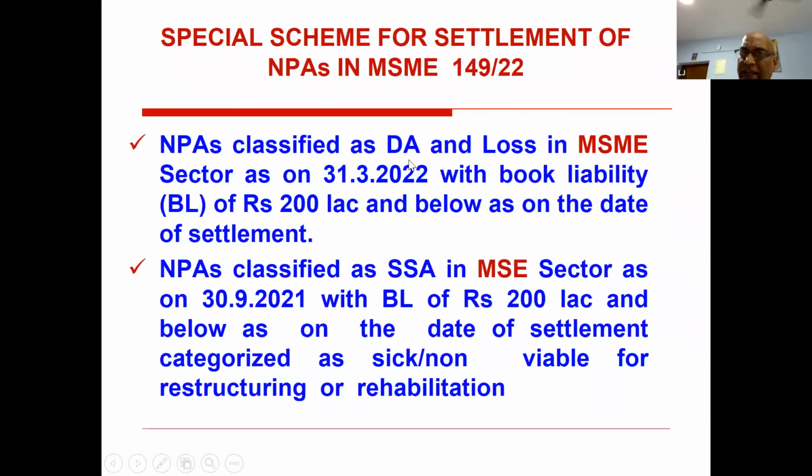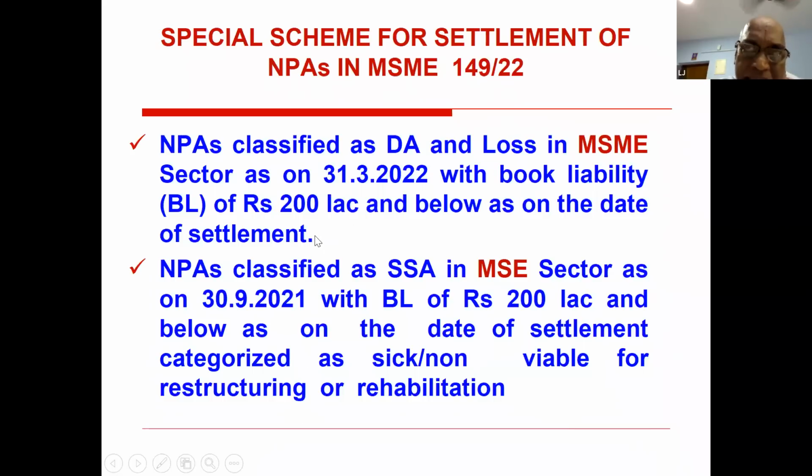NPAs classified as doubtful asset and loss asset in MSME sector. MSME: micro, small, medium enterprises. If a loan is classified as MSME and it is a doubtful asset or loss asset, then you can fit in here, provided as on 31/3/2022 it should have been classified as a doubtful asset or loss asset, and the book liability is rupees 200 lakhs and below as on the date of settlement.